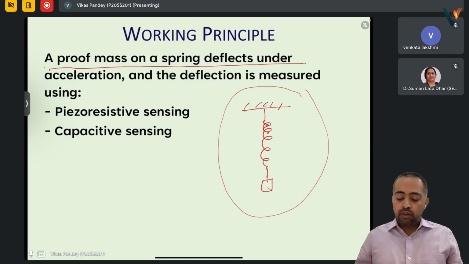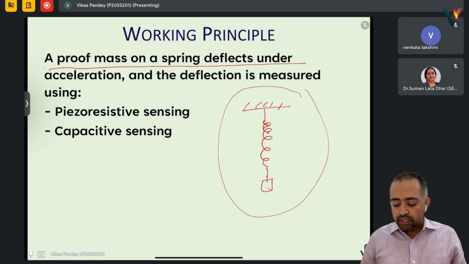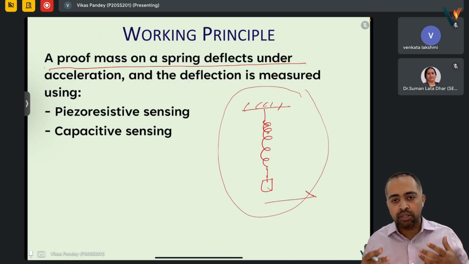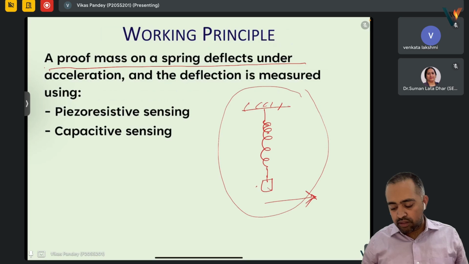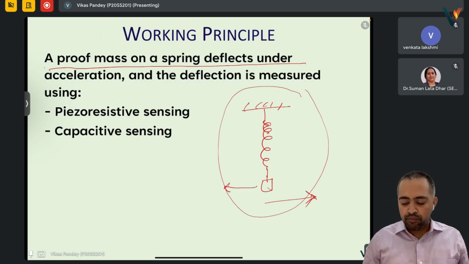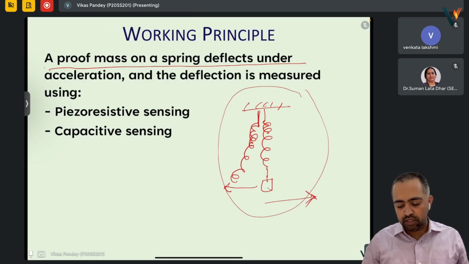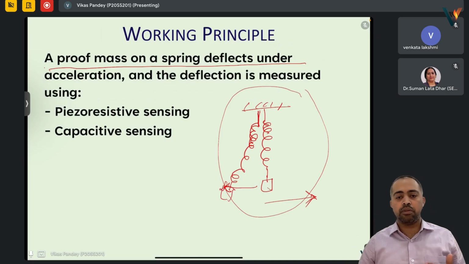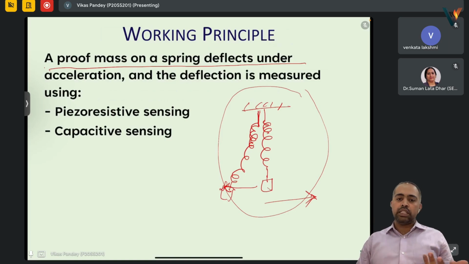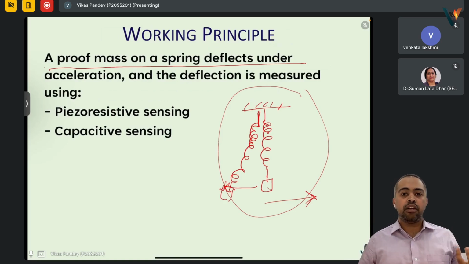When the system is accelerating, the mass will try to move leftward, and we will see a deflection in the leftward direction. This is just a principle. It is not exactly what we do. As I said, designing a spring in microsystems is not easy, and a metallic spring is almost an impossible task.